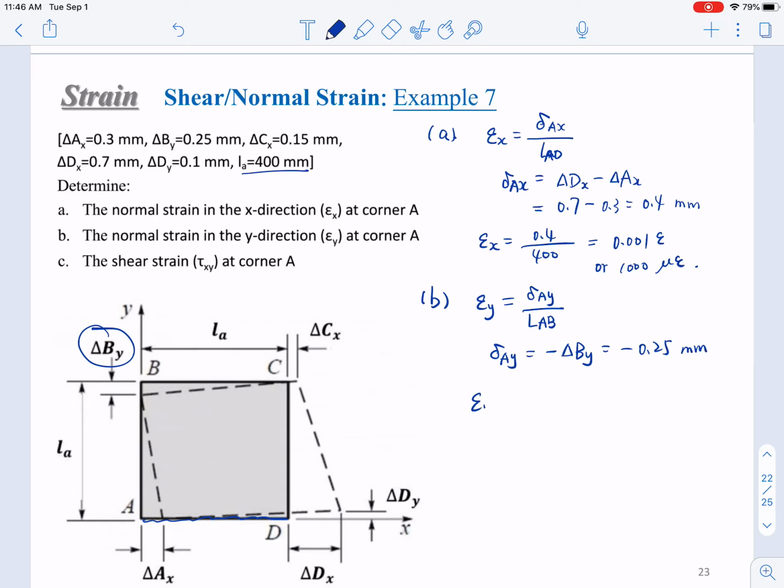So epsilon Y would be negative 0.25 over 400, which is negative 0.000625 strain, or negative 625 microstrain.